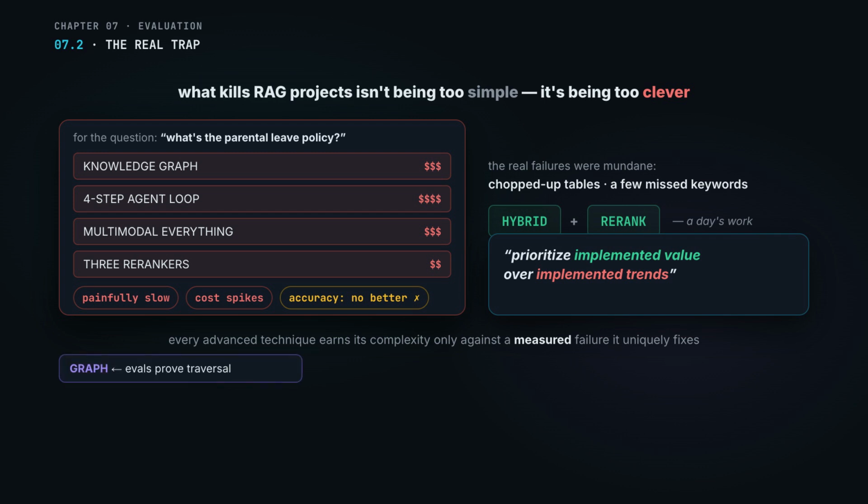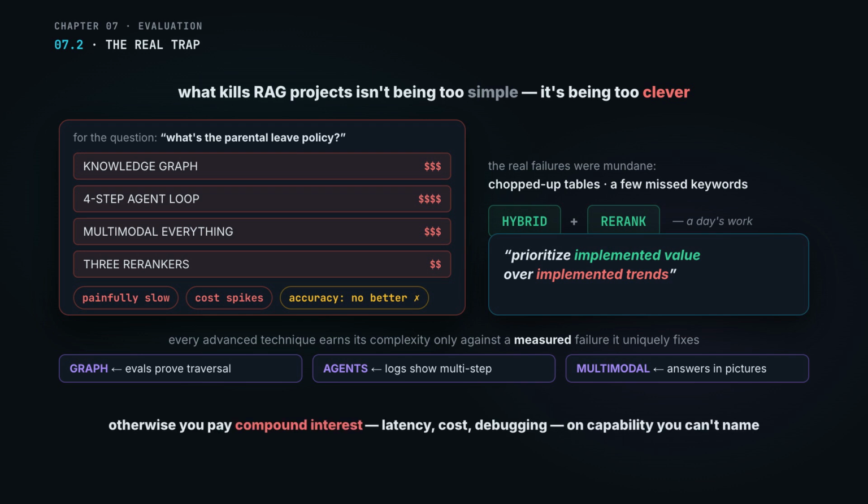Use a graph when your evaluations prove you have traversal questions. Reach for agents when your logs are genuinely full of multi-step ones. Go multimodal when the answers really do live in the pictures. Otherwise, you are just paying compound interest in latency, in cost, and in debugging headaches on capability that you cannot even name.